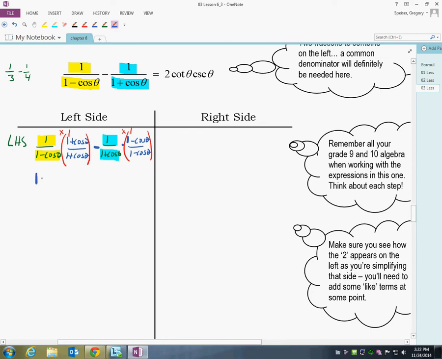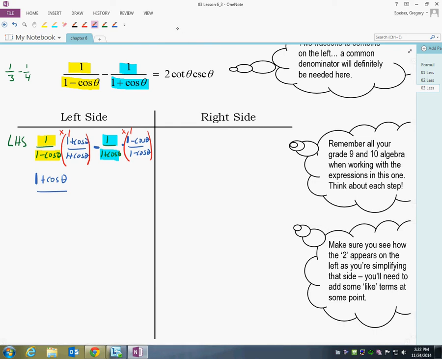I'm going to get 1 plus the cos of theta all over, now, 1 minus the cos of theta times 1 plus the cos of theta. What happens when we multiply those together? You're going to remember that difference of squares pattern, right?